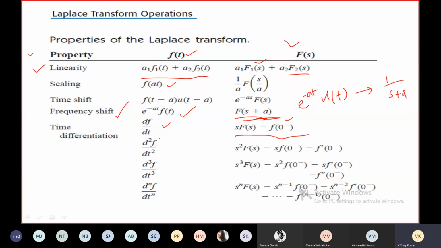So Laplace of d f of t by dt means s F of s minus f of 0 minus.